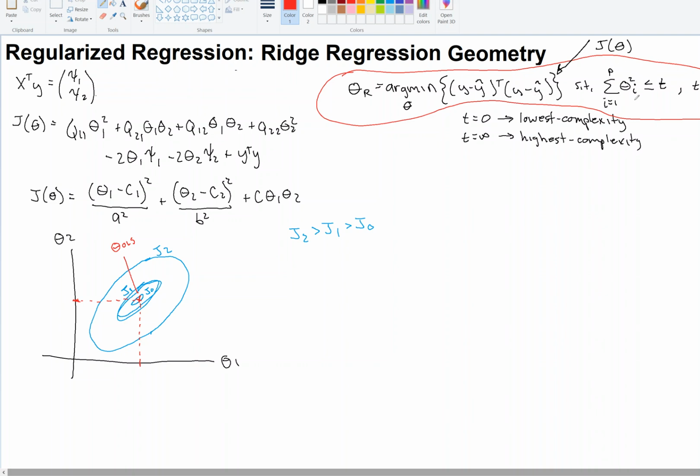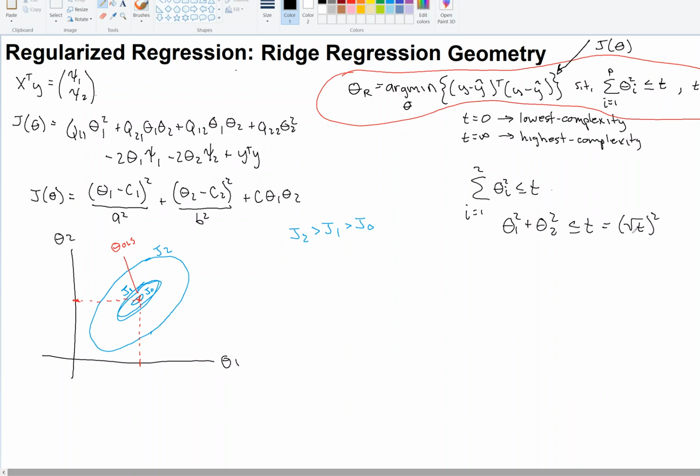Now, we just showed that this was a family of ellipses. Now this thing, the constraint, right? We've got now in 2 dimensions, the sum over i equals 1 to 2 of theta i squared has to be less than some value of t. If I expand this sum, this is theta 1 squared plus theta 2 squared is less than or equal to t. Now let's write this as the square root of t, squared.